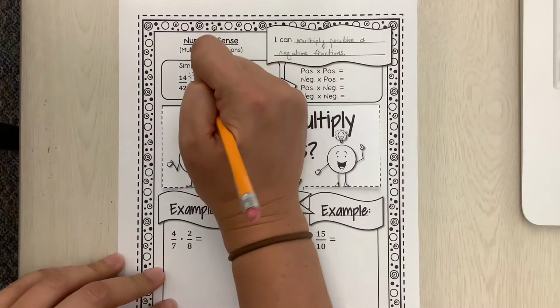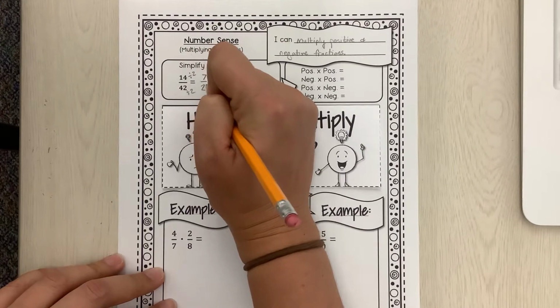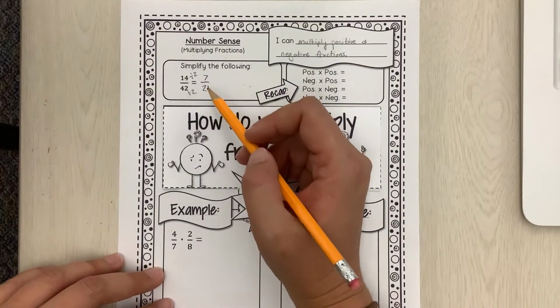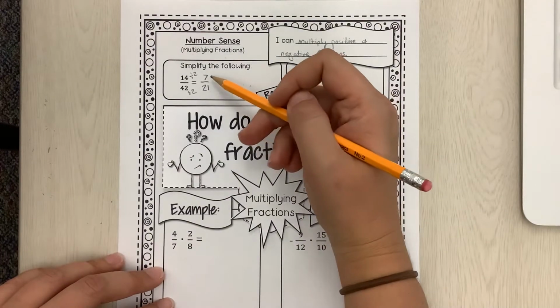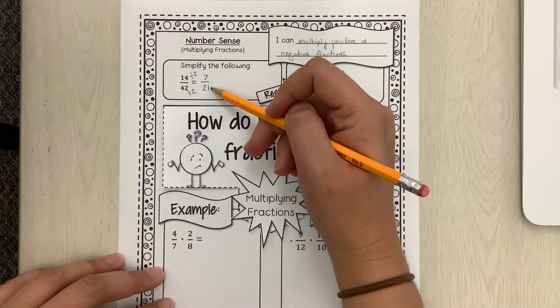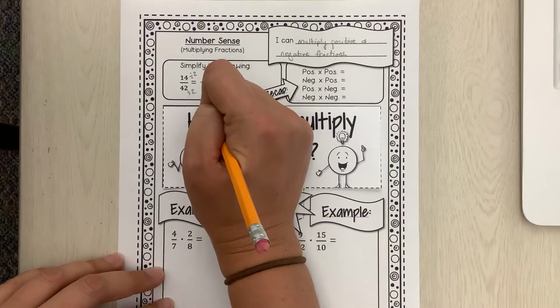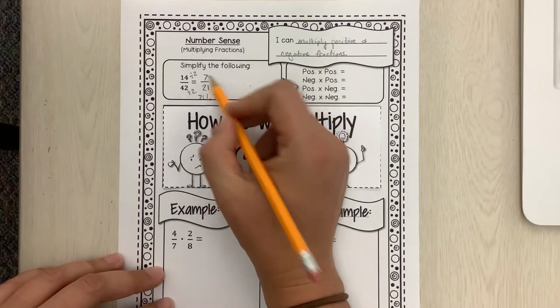14 divided by 2 is 7. 42 divided by 2 is 21. Now, normally I'd look at this and go, yikes, well, I think I'm done actually. But what's kind of interesting is 7 and 21. Let's look at the factors to get 7 and 21. We can do 1 times 7 to get 7. That's it, right? It's a prime number.